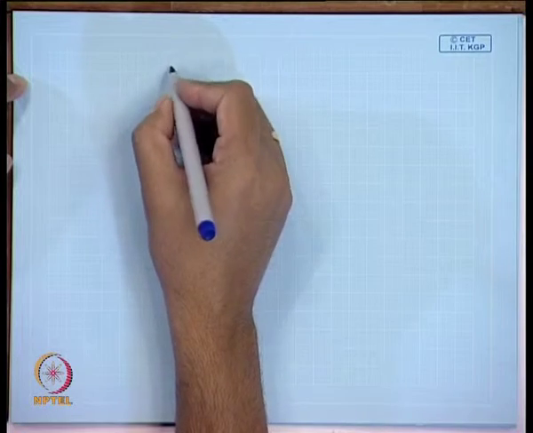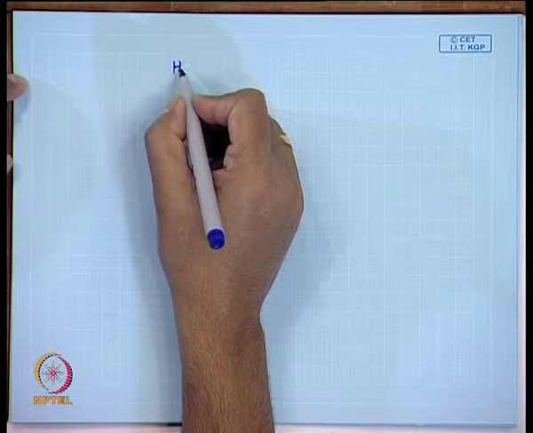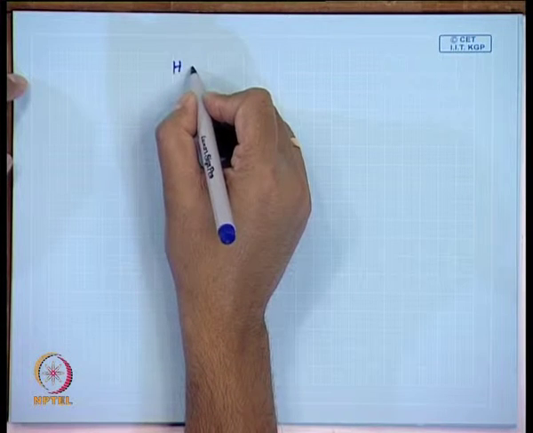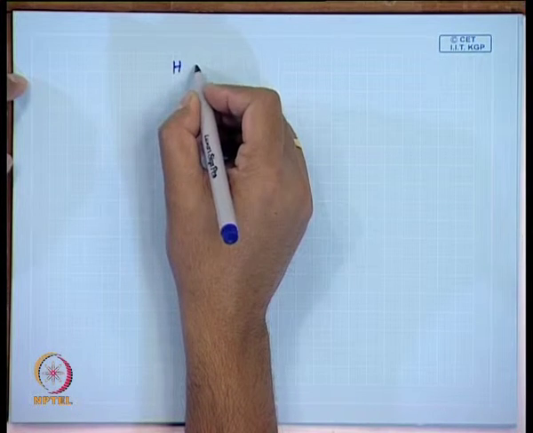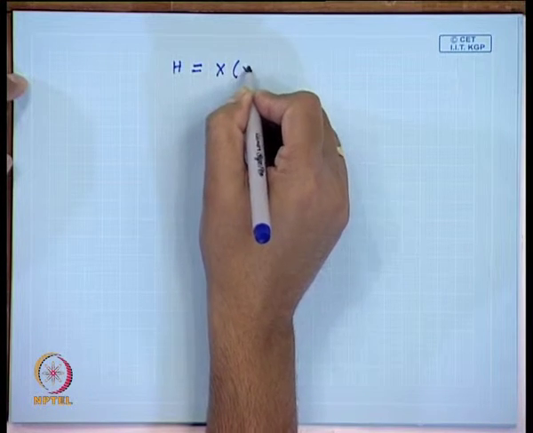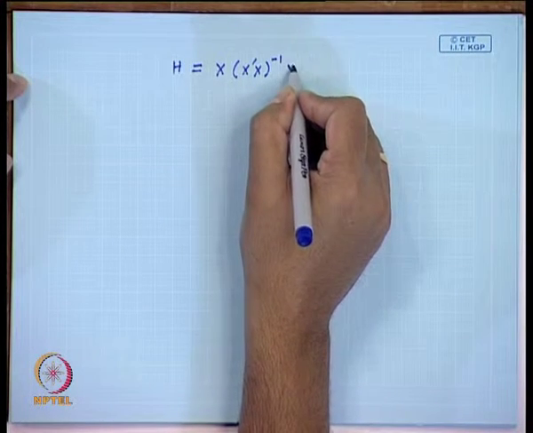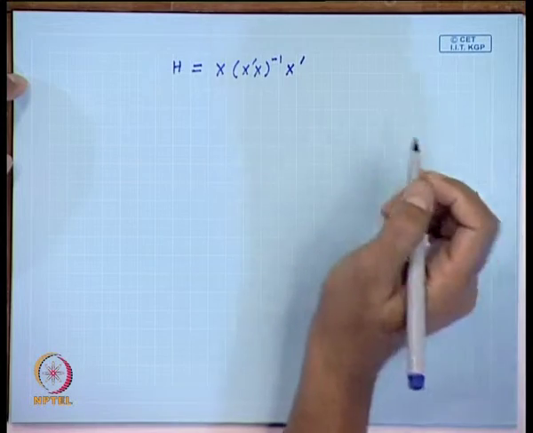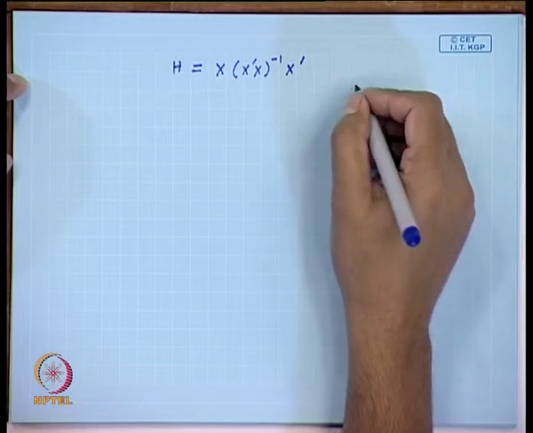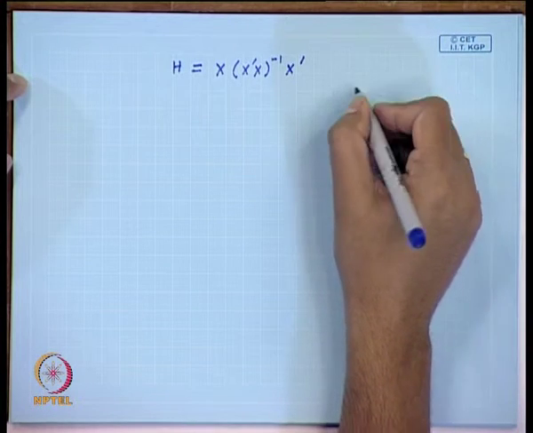HII is the ith diagonal element of the hat matrix H, and the hat matrix H is equal to X (X prime X) inverse X prime. So, what is this X? X is the coefficient matrix, sort of.